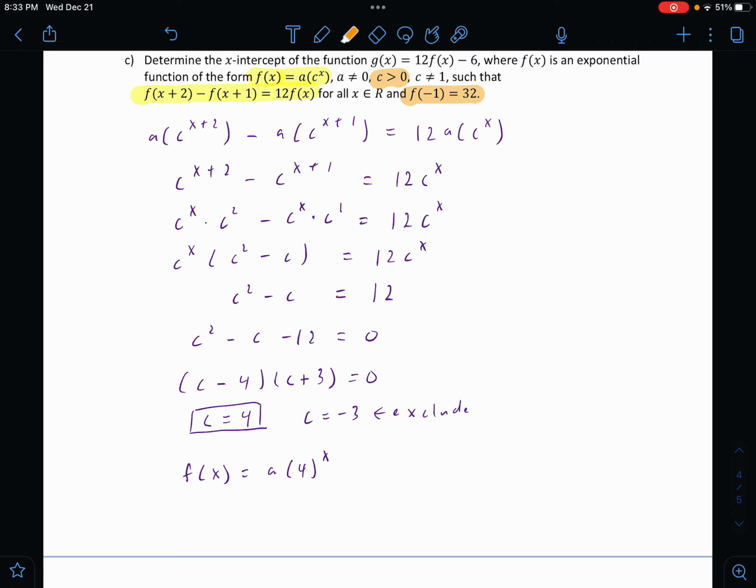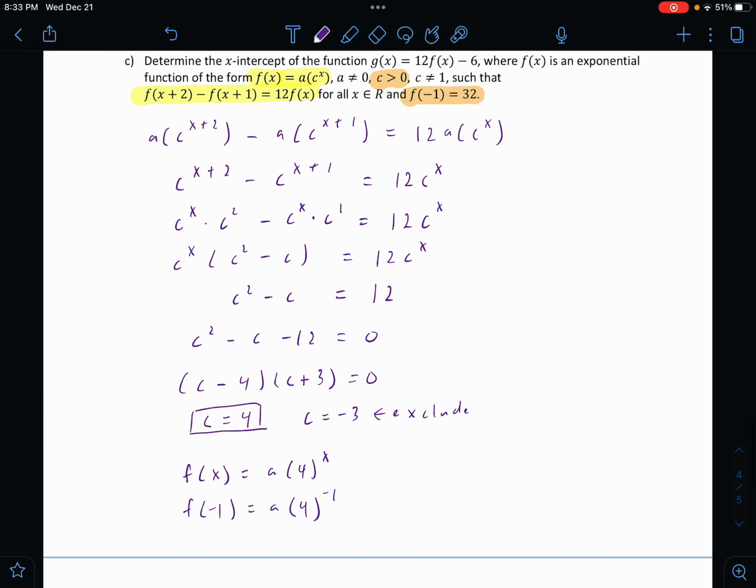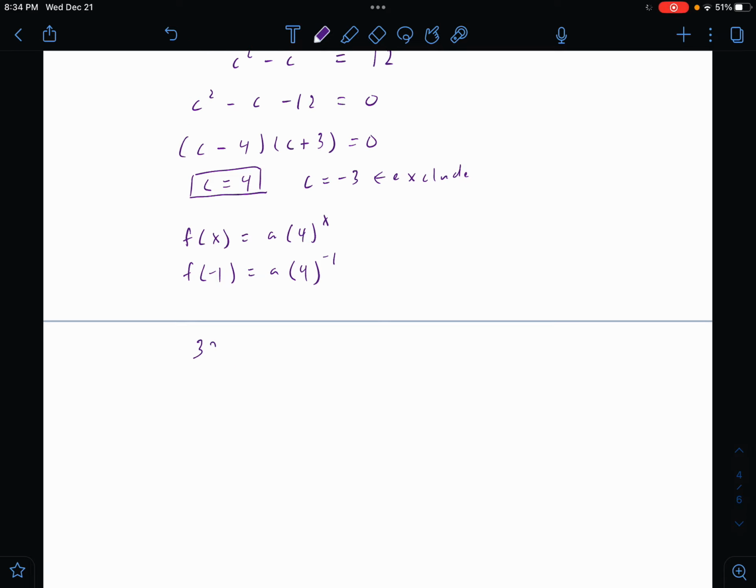And so now I can solve for a by substituting in. So f at negative 1 is equal to a times 4 to the exponent of negative 1. Now I know that f at negative 1 is 32.